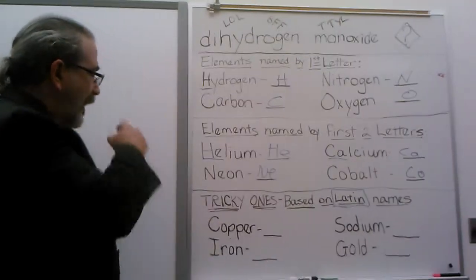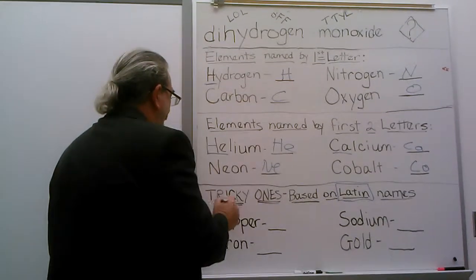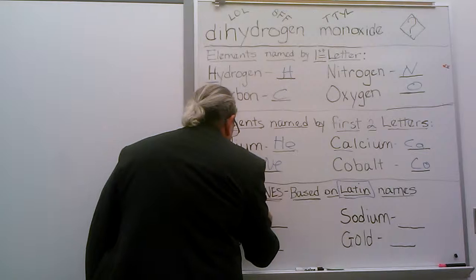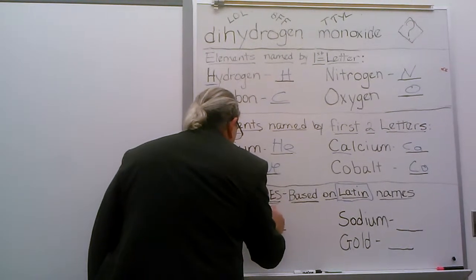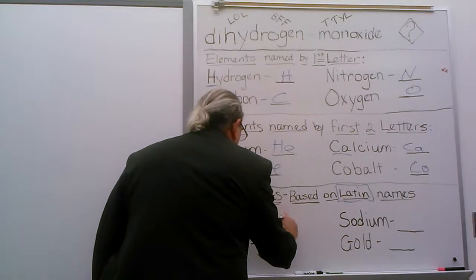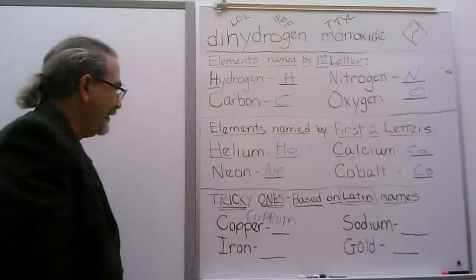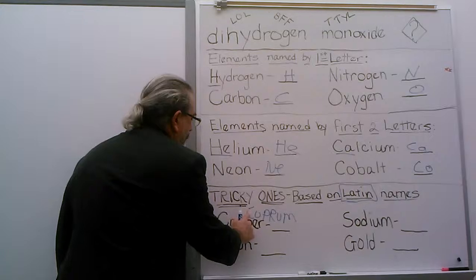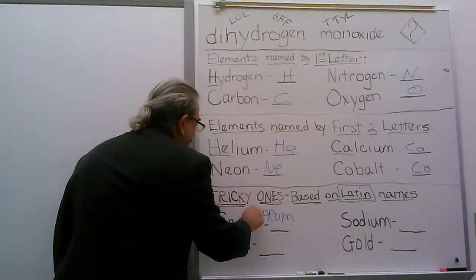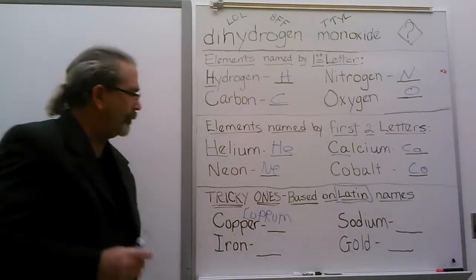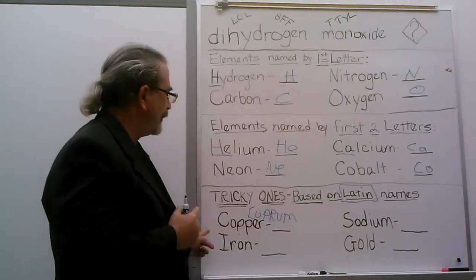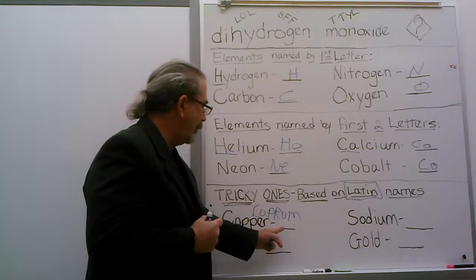The word copper in Latin is cuprum. And I don't expect you to learn the actual language of Latin. So I'm going to teach you a way to help you memorize the shortcut, or the easy way to remember copper.